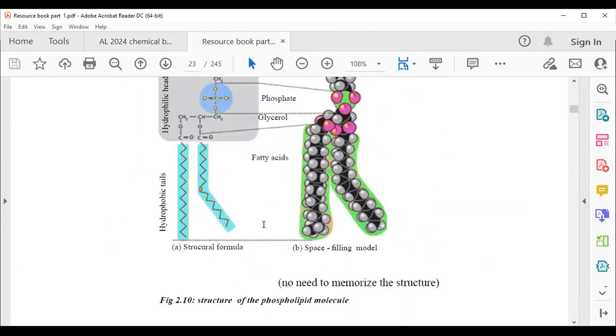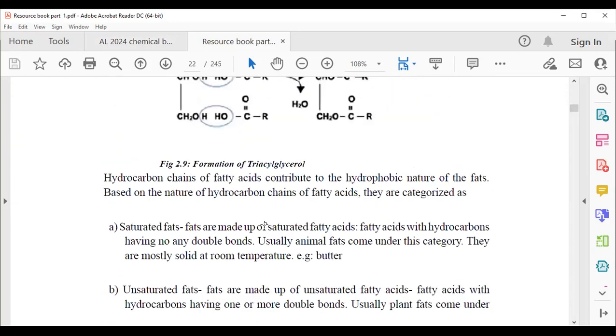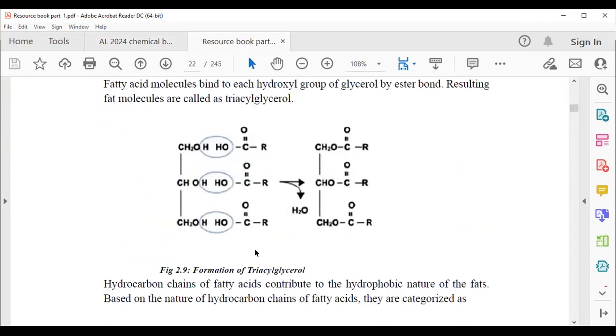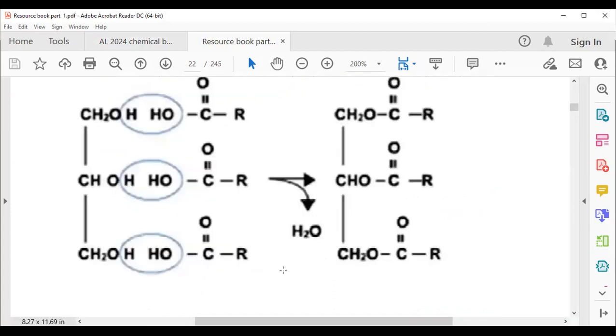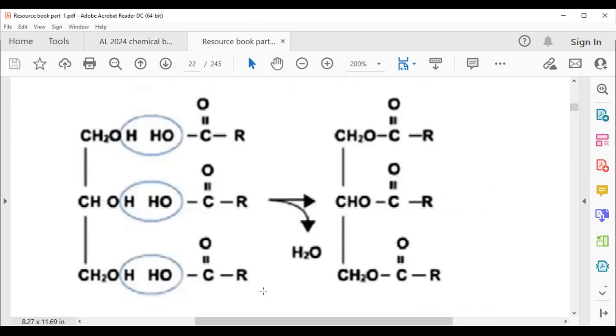Better you children practice each and every diagram in the resource book. This is the triglyceride formation reaction.